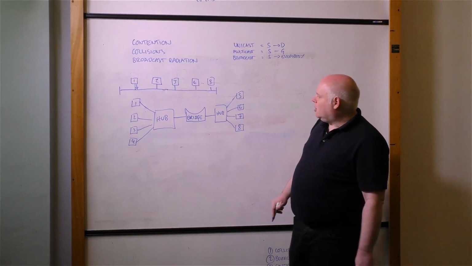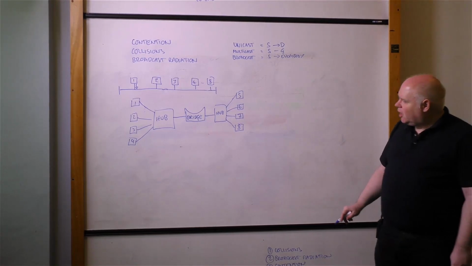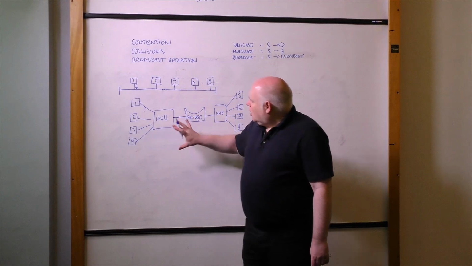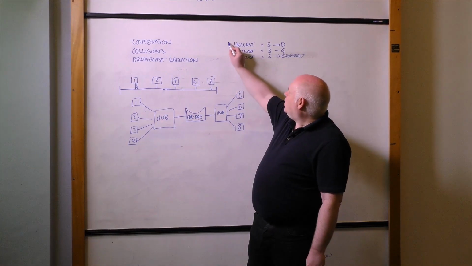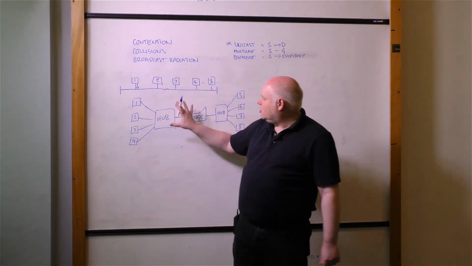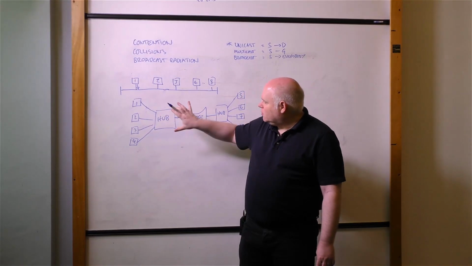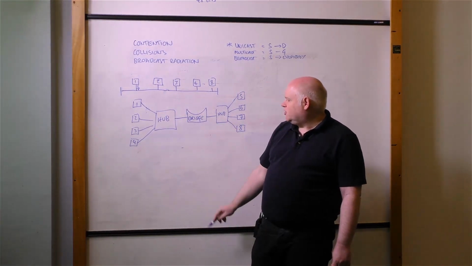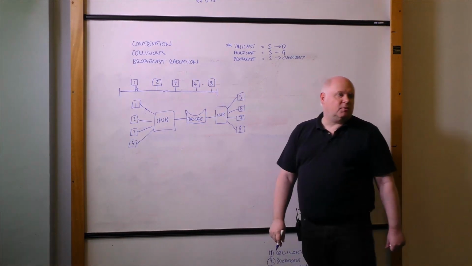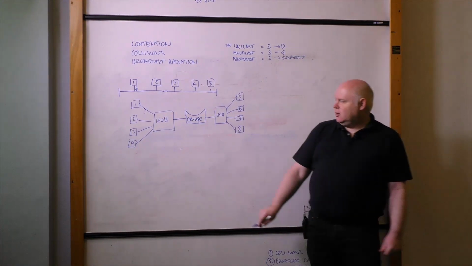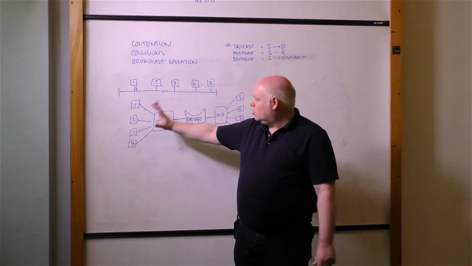And the idea there is that traffic which is unicast ends up staying on the side of the bridge that it needs to stay on. So for example, if 1 wanted to send information to 2, then the bridge would keep that local.